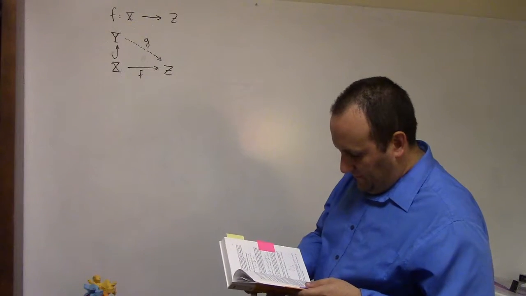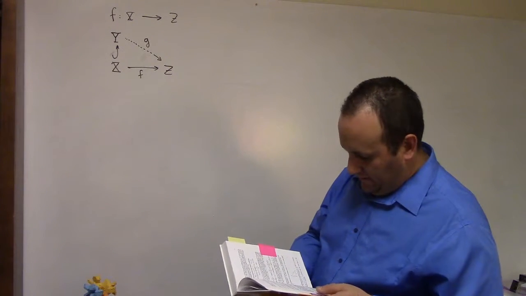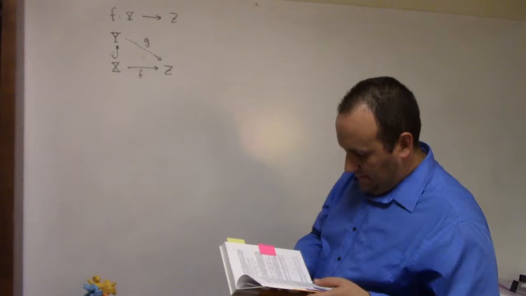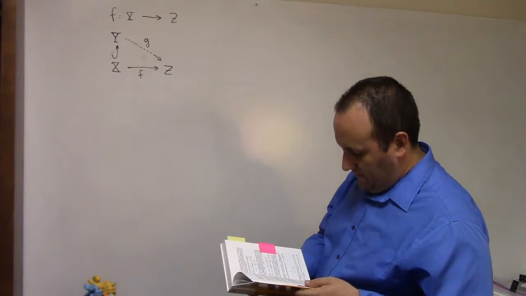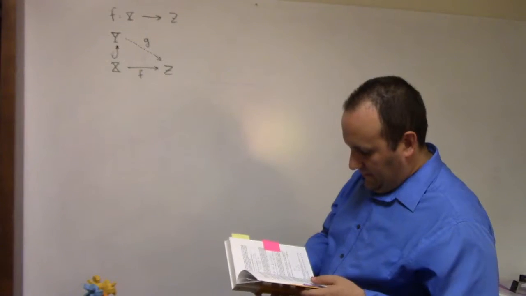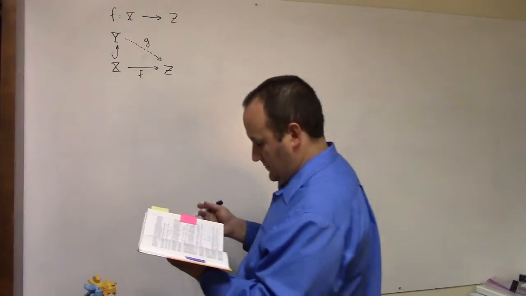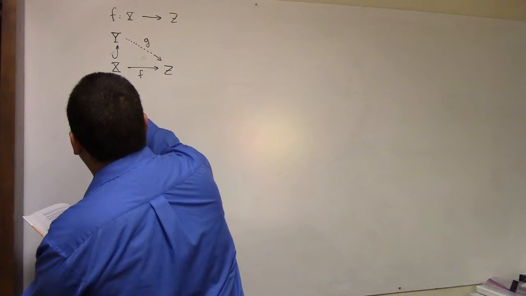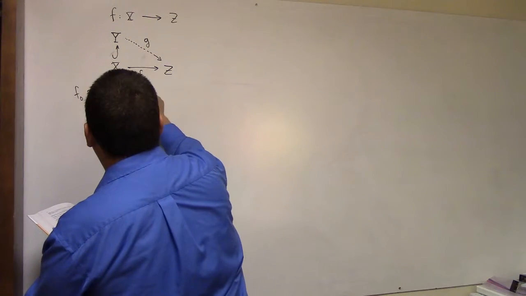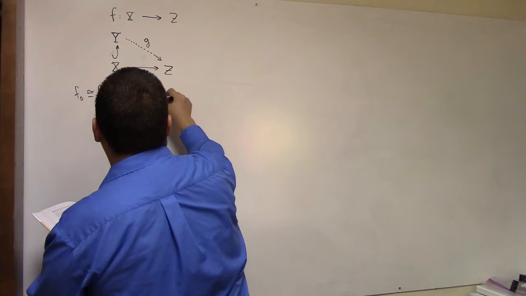He says homotopy itself raises such a problem, right? Because to show F naught is homotopic to F1, we can do that if we can extend, right? Think about that. F naught homotopic to F1 means we can extend what?